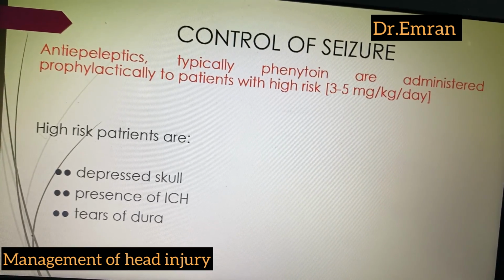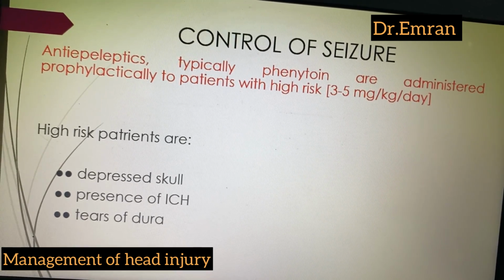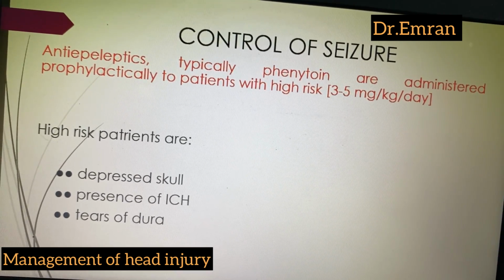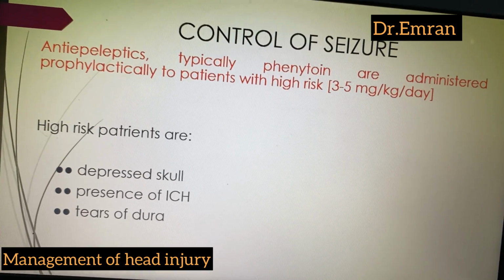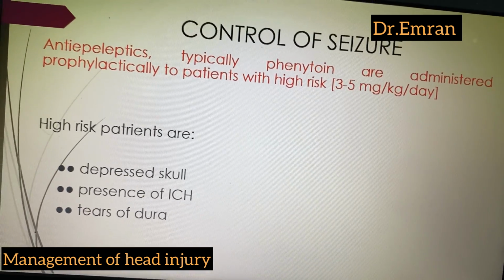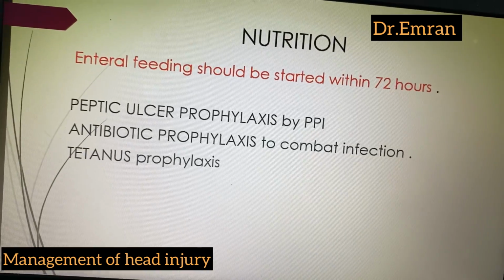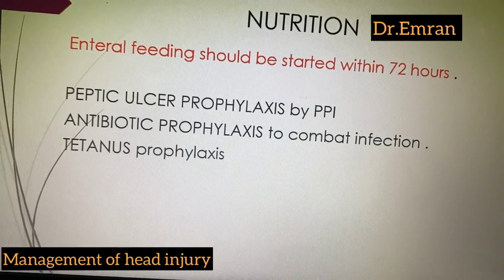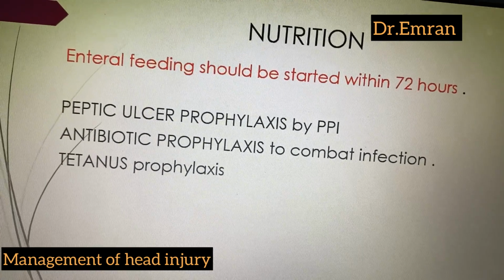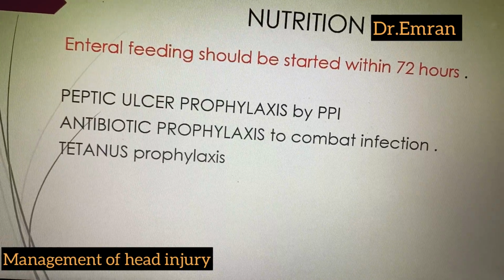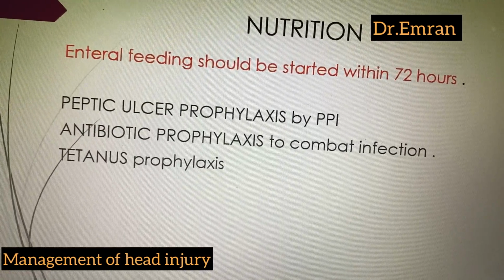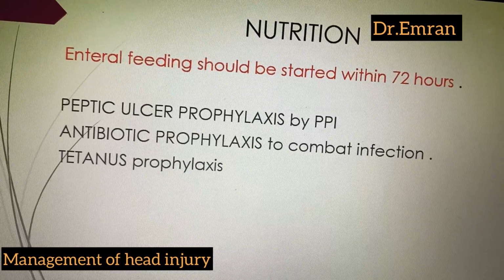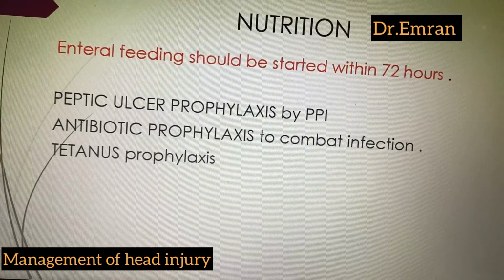Those who suffer from depressed skull, presence of intracranial hemorrhage or tears of dura. These patients need phenytoin therapy. And nutrition: the patient must be started on enteral feeding within 72 hours to avoid complications of intravenous therapy. Peptic ulcer prophylaxis, antibiotic prophylaxis, tetanus prophylaxis, these are all the same for the injured patient.